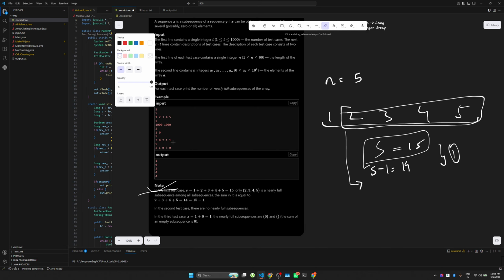In the second one, both of them are equal, so we can't find any. I mean, the total sum will be 2000 and we need to find 1999, which is impossible.